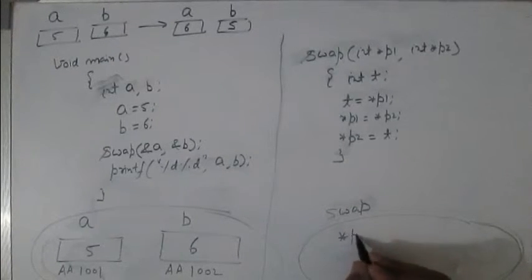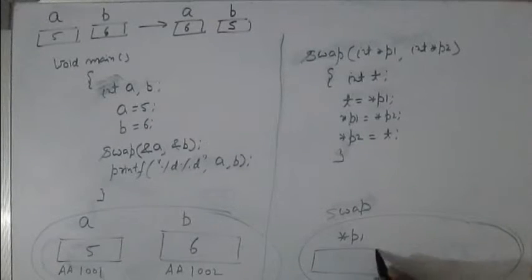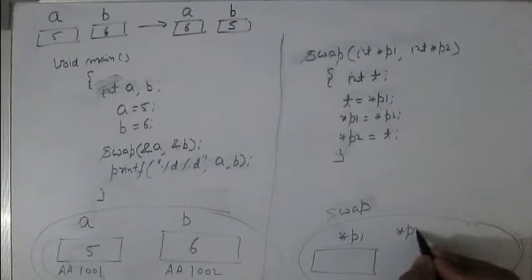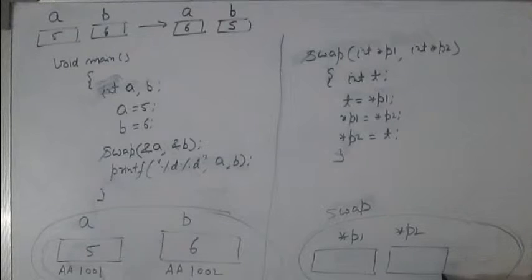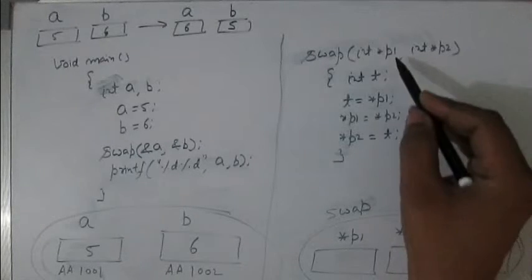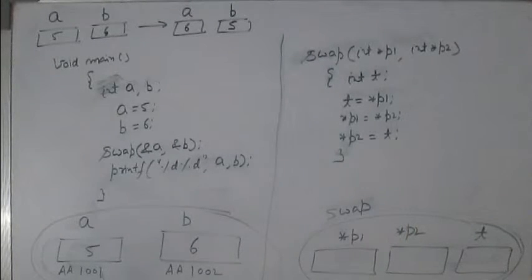A pointer variable P1, a pointer variable P2, an integer variable T. These addresses will be stored in P1 and P2. So instead of these values, in P1 this address will be stored, 1001, and in P2 the address of B will be stored.